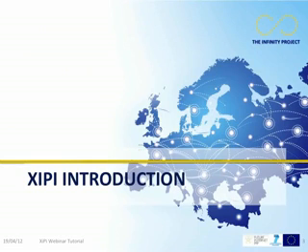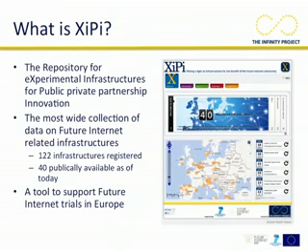So, going to an introduction to XIPI, basically as you might already know from a previous presentation and discussion with the use case project that we had in the past. It's a repository that collects information about infrastructure that can be used as enabler for future internet trials.